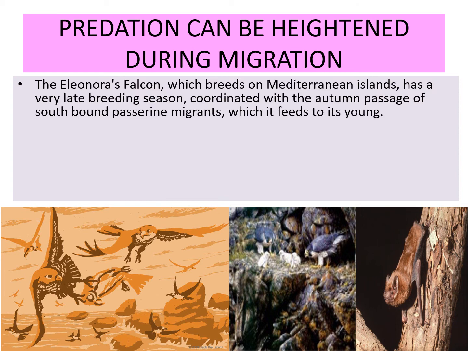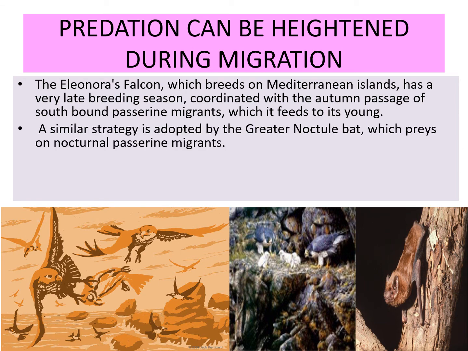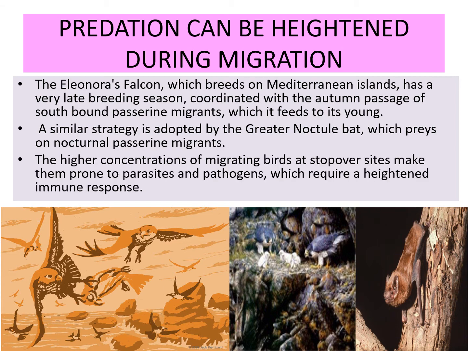The Eleonora's falcon, which breeds on Mediterranean islands, has a very late breeding season, which is coordinated with the autumn passage of southbound passerine migrants, which it feeds to its young. A similar strategy is adopted by the greater noctule bat, which preys on nocturnal passerine migrants.